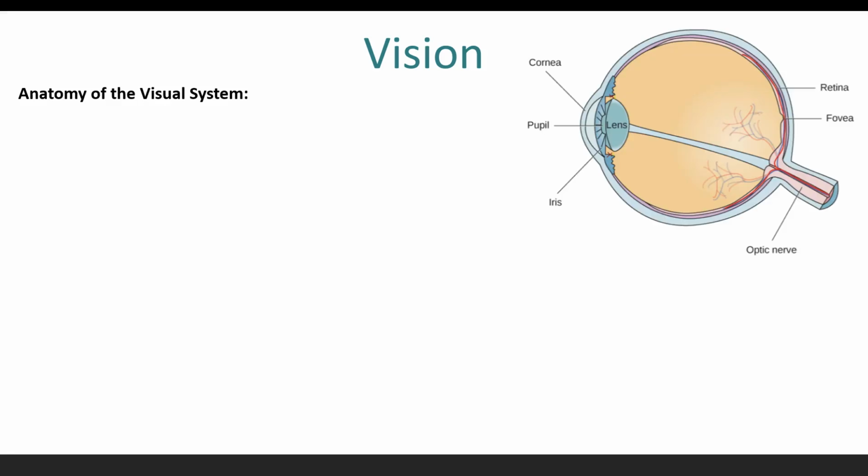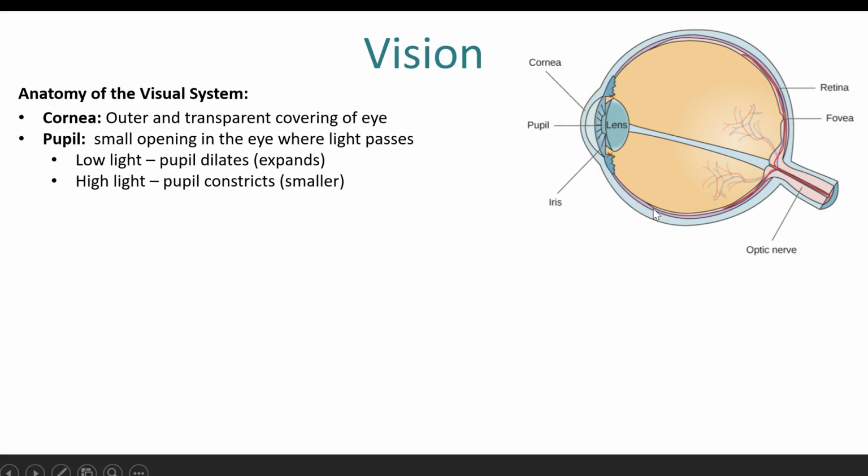Then moving on to vision, the anatomy of the visual system and of our eyes includes the cornea, which is the outside layer, a transparent layer covering the eye. We have our pupil, which is the small opening in the eye where light passes through. In low light, our pupil dilates, or expands, and in high light, our pupil constricts, or gets smaller.